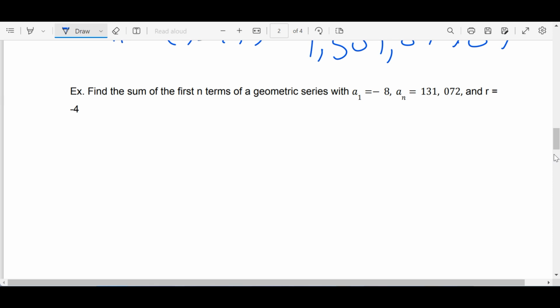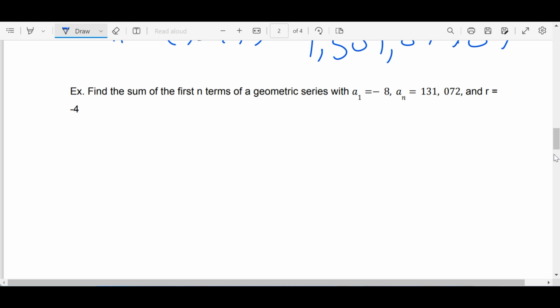Another one, another sum problem. We have all this lovely information here. I got a sub 1, always needed. Got a sub n, also needed. And we got r is equal to negative 4. So let's solve. What else am I going to need? I'm going to need to figure out what n actually was.